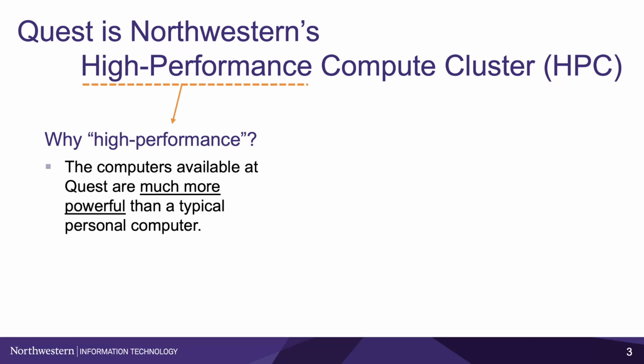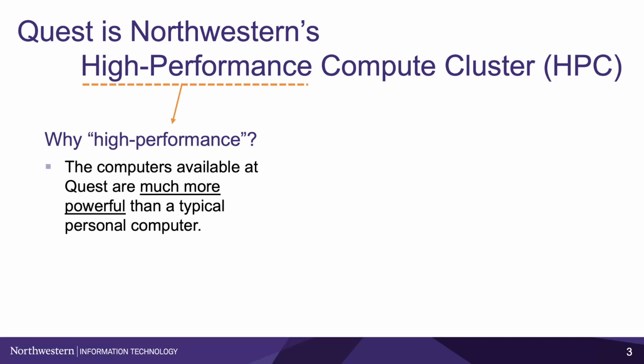So your laptop might have a few gigabytes of memory and perhaps 4 or 8 CPUs, but an average computer on Quest actually has hundreds of gigabytes of memory and dozens of CPUs available. So you can kind of get an idea of how much more powerful a single computer at Quest is in comparison to your personal device.